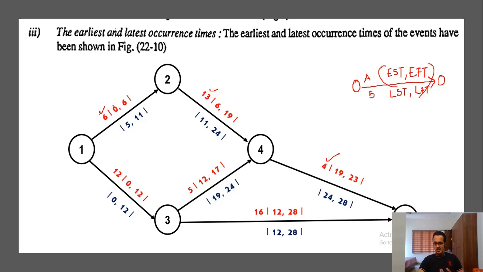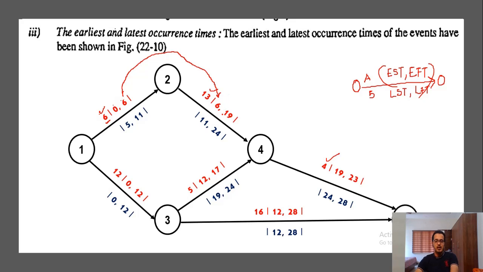All the activities start from 0. This value of 6 is obtained by adding 0 with 6. Similarly, coming to activity 2, 4, this 6 is transferred here, and then this 19 is obtained by adding 6 and 13.